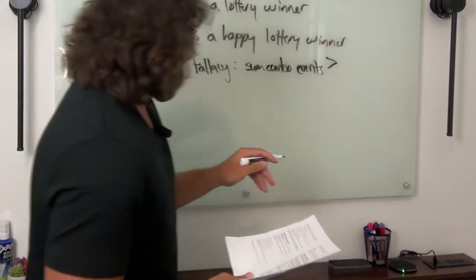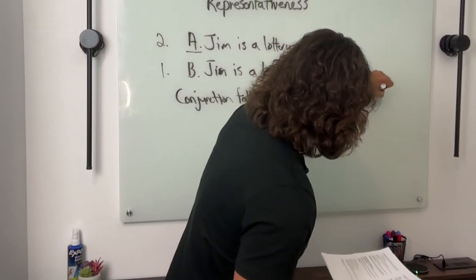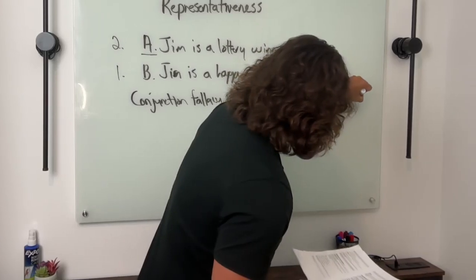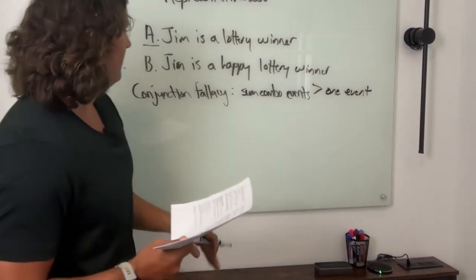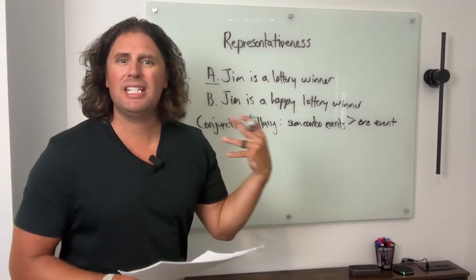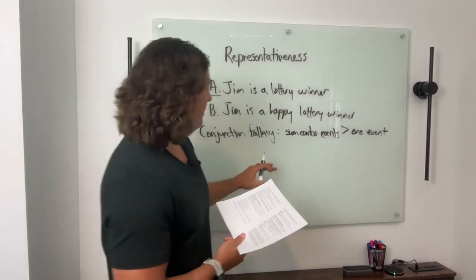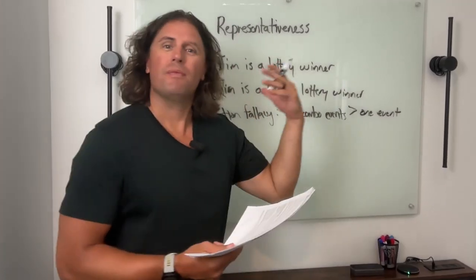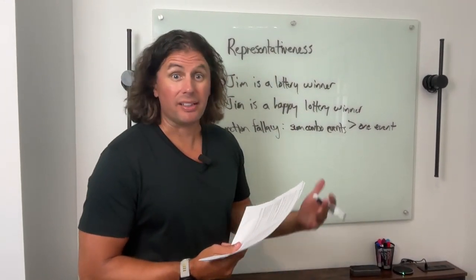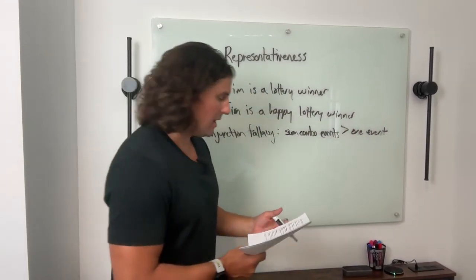And this is our conjunction, because it just seems more believable. It seems more likely, more things are happening. But when we have the blanket statement, actually it is mathematically more likely for that to happen.